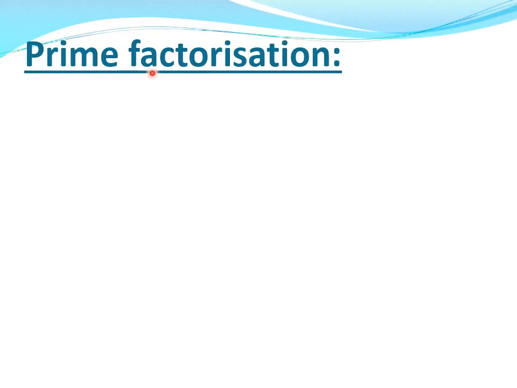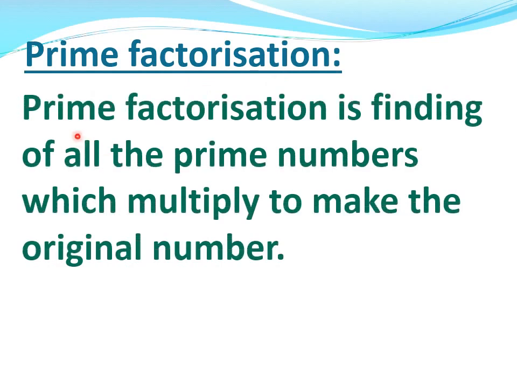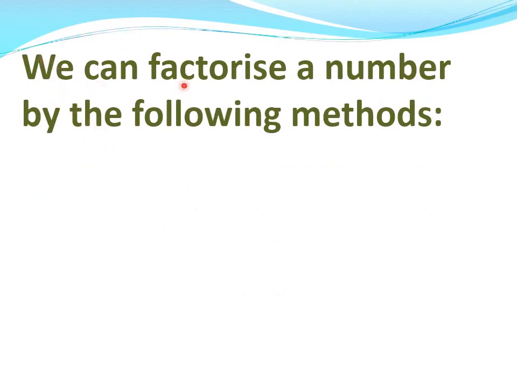Now prime factorization. What is prime factorization? Prime factorization is finding all the prime numbers which multiply to make the original number. We can factorize a number by the following methods.